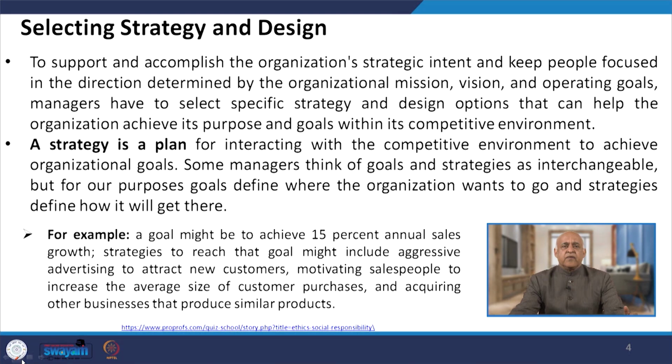I also talked previously about the external environmental factors, the SPELT approach: social, political, economic, legal, technological. The environment is dynamic, and therefore the competitive environment keeps on changing, and as a result we have to understand how to design the strategy, because a strategy is a plan for interacting with the competitive environment.